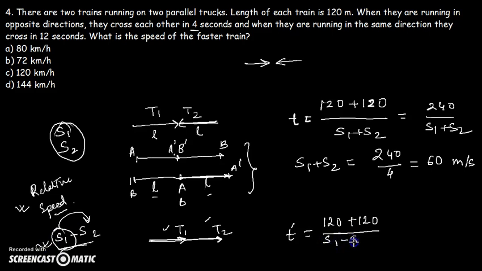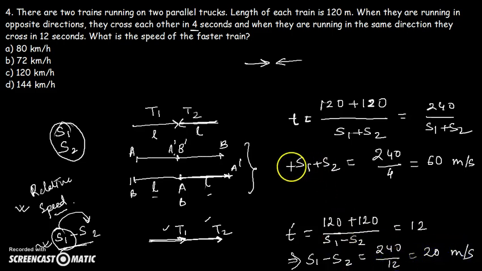This time is given as 12 seconds. So you can write the equation as S1 minus S2 is equal to 240 by 12, and this is nothing but 20 meter per second.